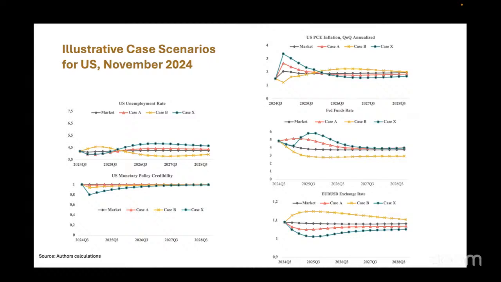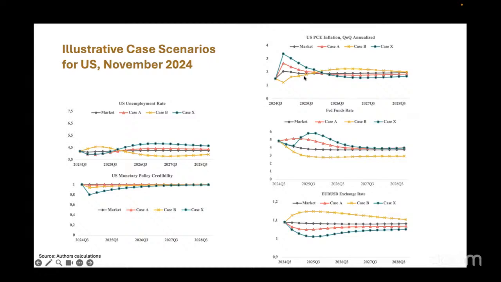Also, these recent policy shifts like tax cuts, tariffs, and immigration policies are all stagflationary shocks, and they prompt these case A type considerations. So under the case A scenario, we will have higher and more persistent inflationary forces.